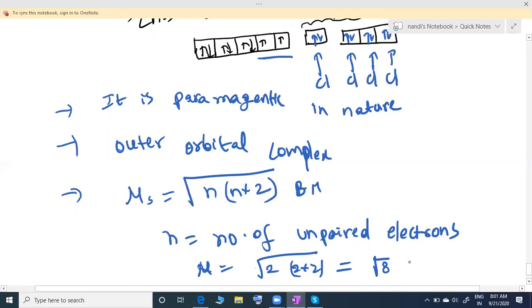Root 8 approximately gives 2.8, or 2 point something. In examination, they will expect answers like this. What is the value? 2.82 BM, Bohr magneton is the unit.